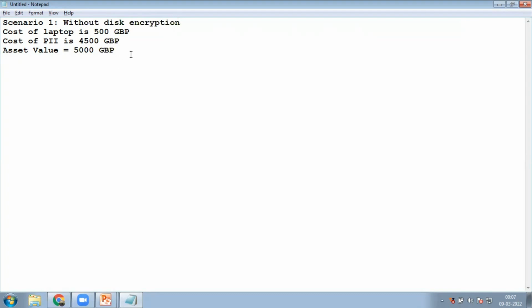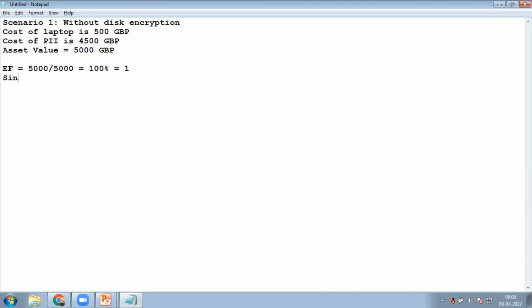Scenario 1 without disk encryption, and if this asset is actually lost, the laptop is lost, and the PII is also lost, so the entire asset is lost. So the exposure factor is 5,000 pounds divided by 5,000 pounds. So it's 100%, equal to 1.